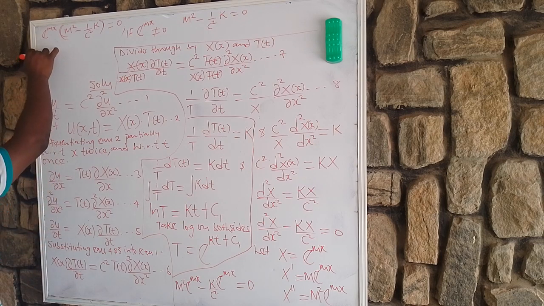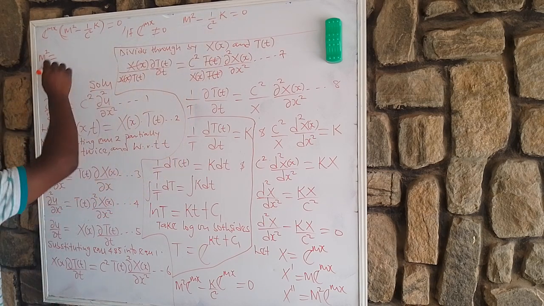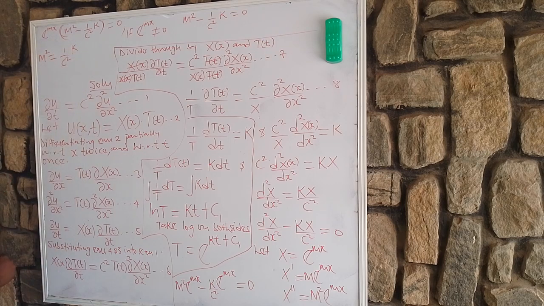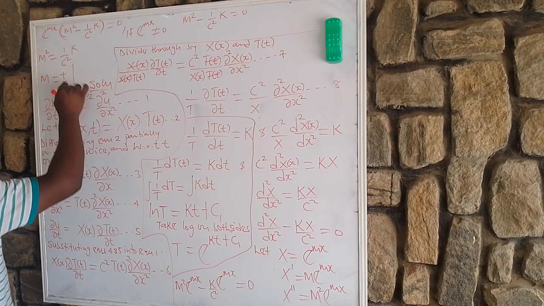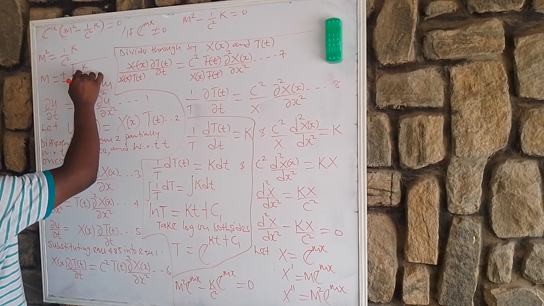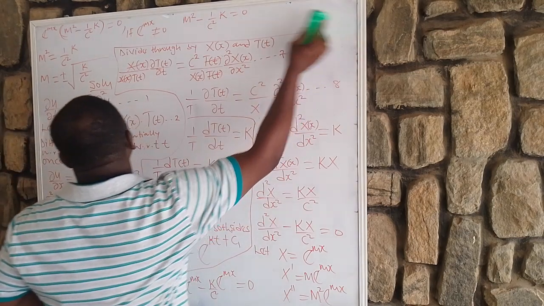It means to make m the subject of the formula, we equate it to this, crosses the sign of equality and becomes what? k all over c square, isn't it? So you square root both sides. We are going to have m equals plus or minus square root of k all over c square, isn't it? True or false?